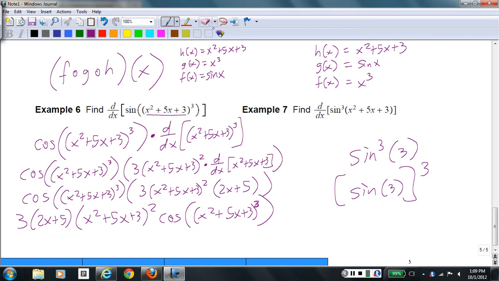It would help to see that if I would rewrite this as d/dx of the sine of x squared plus 5x plus 3, one more set of parentheses, squared. I hesitate to put the squared without an extra set of parentheses because then we'll wonder, x squared plus 5x plus 3, are we squaring that and then taking the sine, or is it cubed?